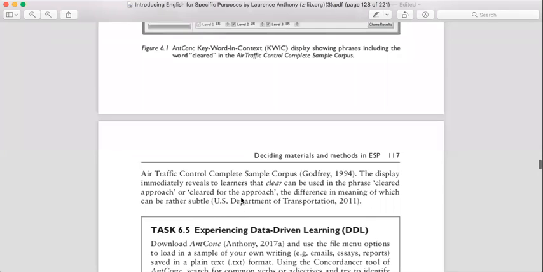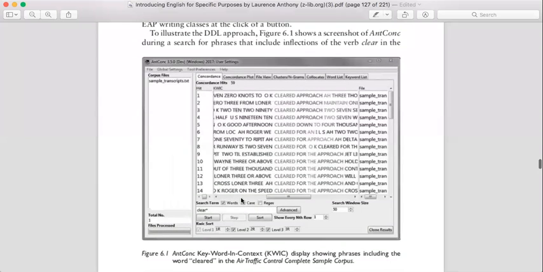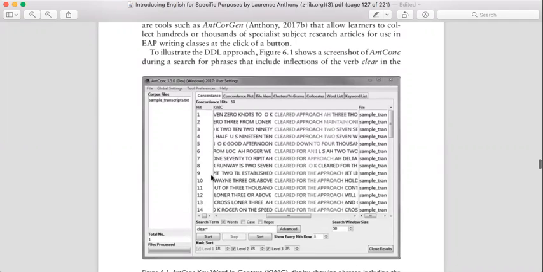And what they, air traffic control, okay? So they have put the authentic samples of air traffic control, and what they found out is here, cleared approach. So these two words are very much a part of the corpus that they have run through NCOC, okay?